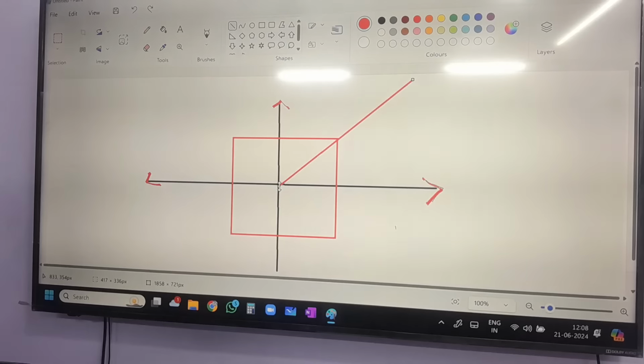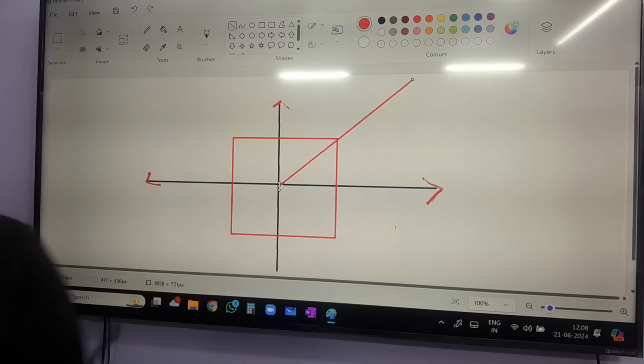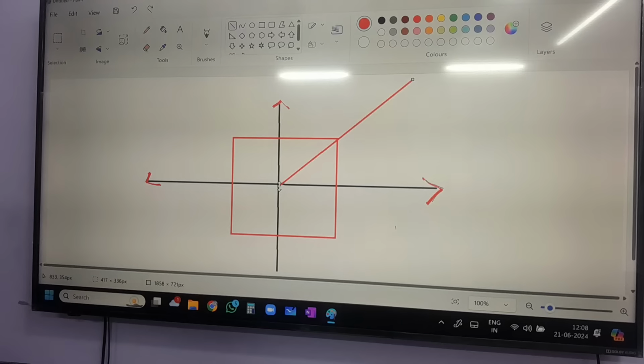If you see this graph here, this will be the second quadrant, right? Let me show you on the screen. This part will be the second quadrant. Here x will be negative, and in the second quadrant y will be positive, right?